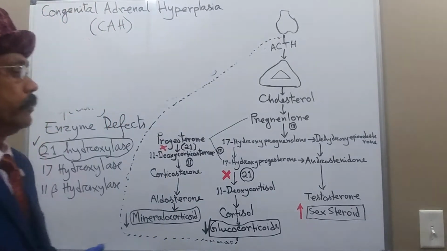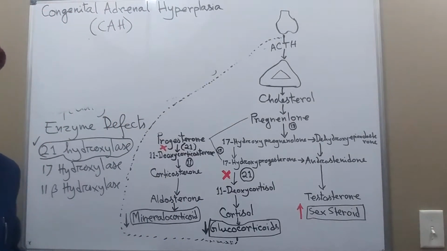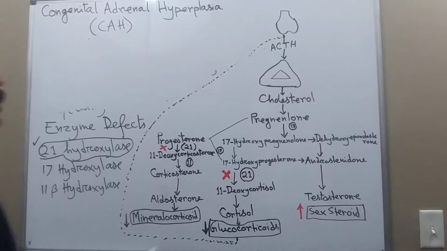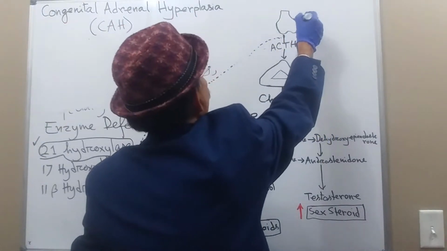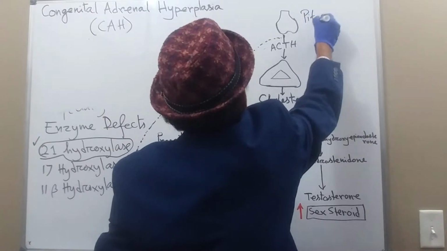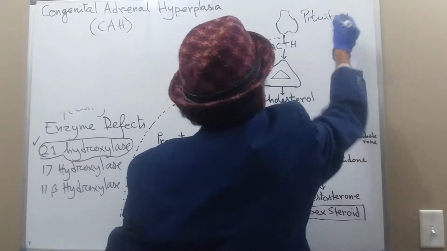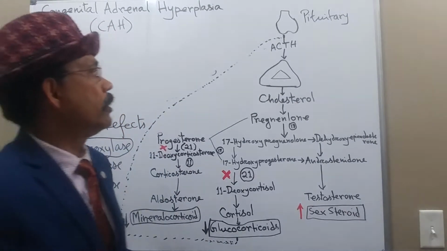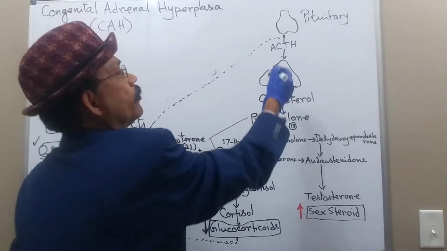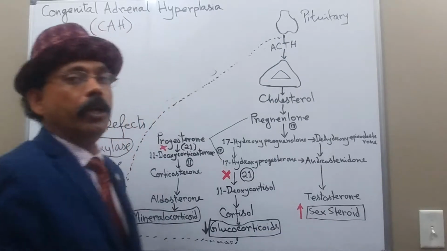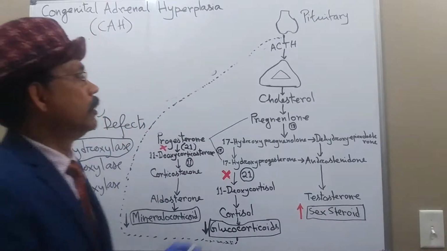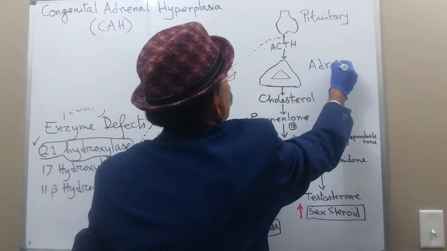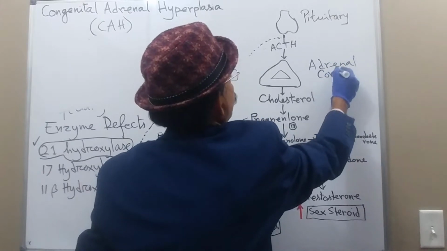If we look at the synthesis of the cortisol, the glucocorticoid, and the aldosterone, the mineralocorticoid, we'll start from the pituitary gland. The pituitary gland has an anterior part and a posterior part. From the anterior pituitary, we have secretion of ACTH, or adrenocorticotropic hormone, that works on the adrenal cortex.